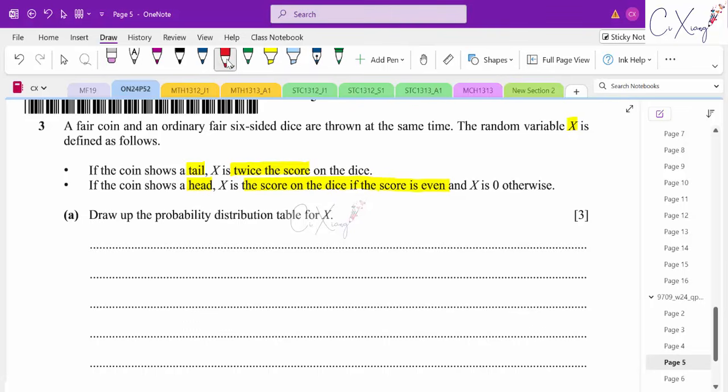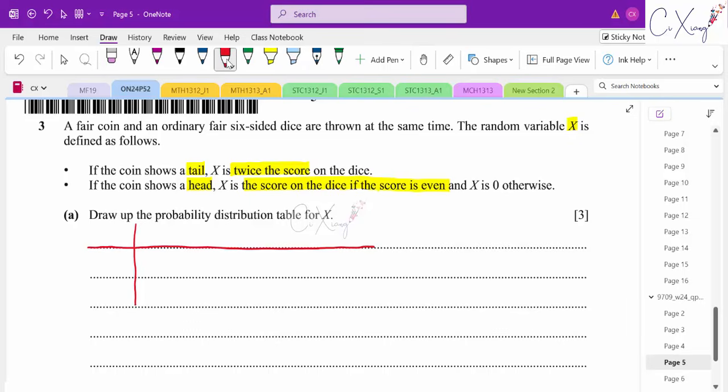Okay, so for this question, there is more than one method to solve it. You can use either the possibility space diagram or a tree diagram to help you. As an example, maybe I show you the possibility space diagram first, because you are having dice and also coin, right?